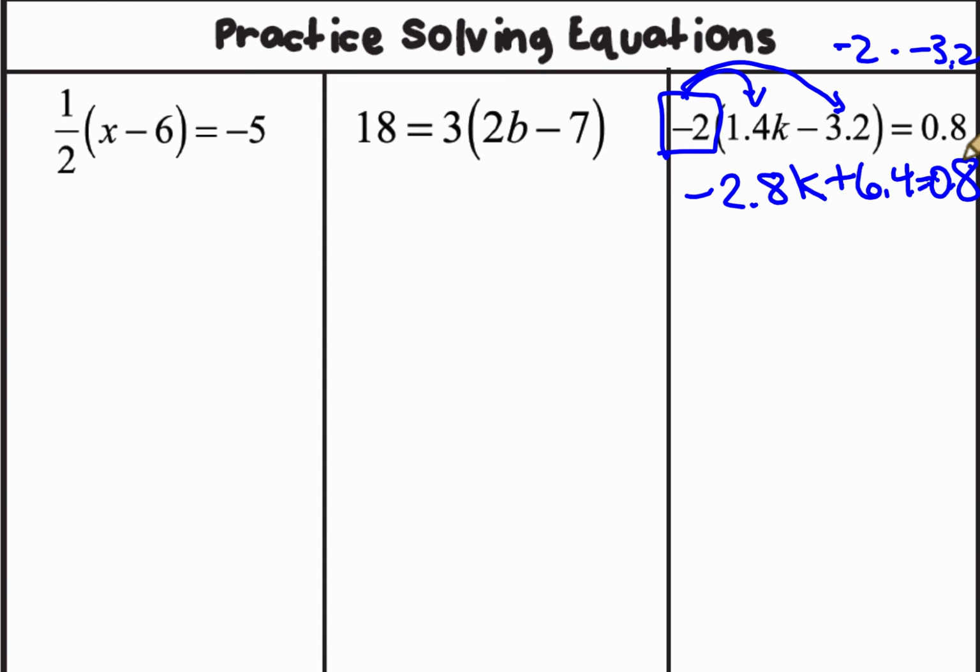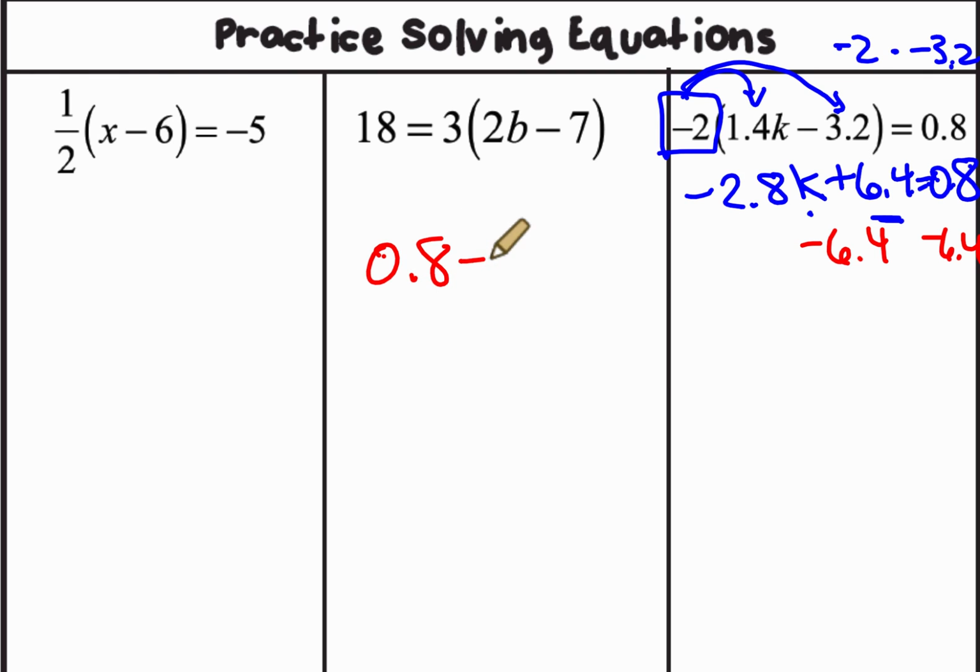So now I'm ready to do the inverse. So here's my k, and that means I need to get rid of the 6 4/10 first. So I'm going to subtract 6 4/10 from both sides.